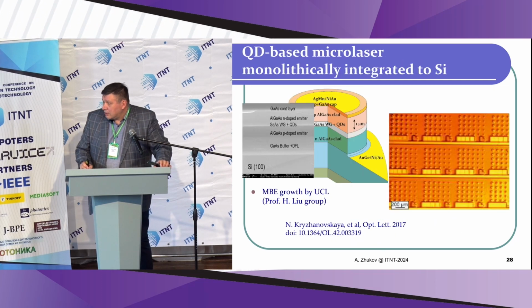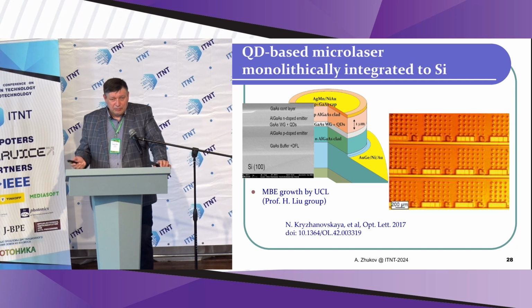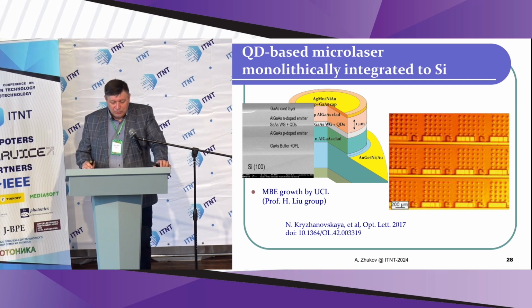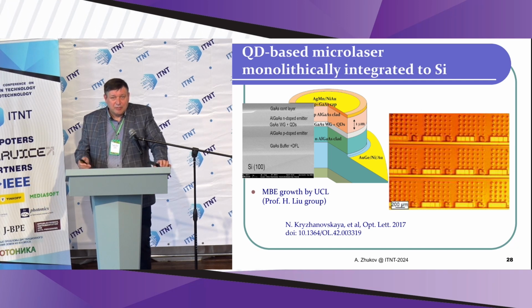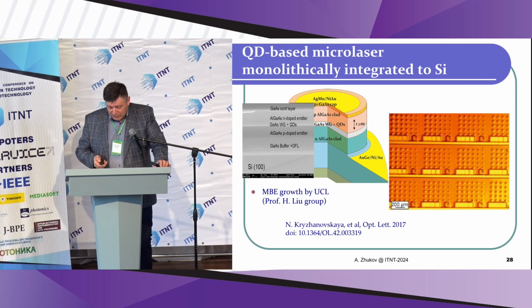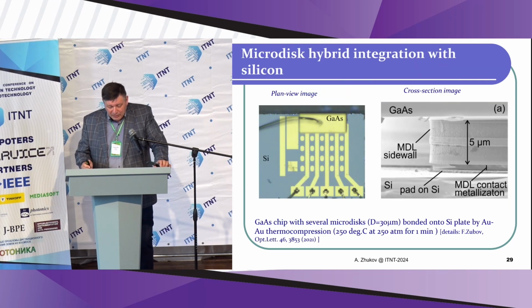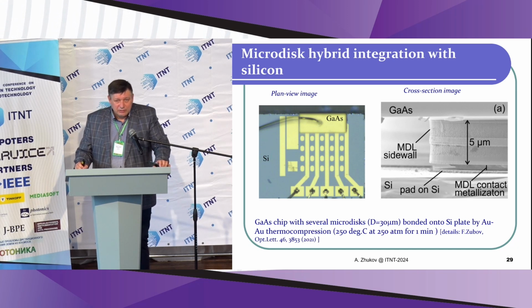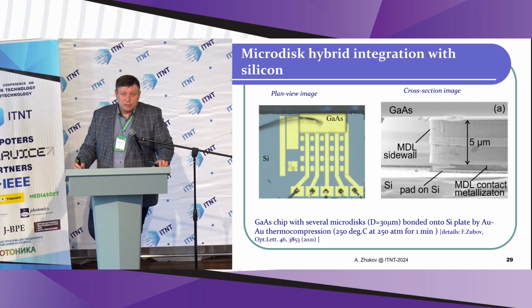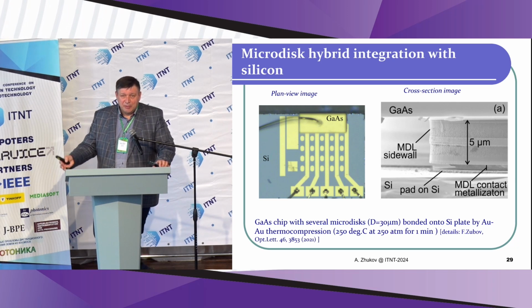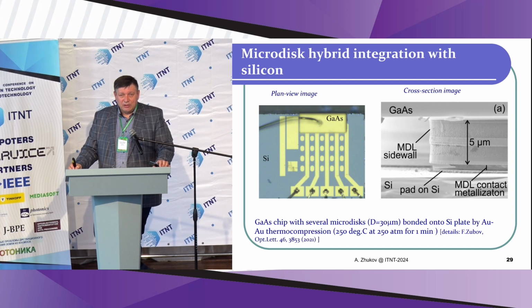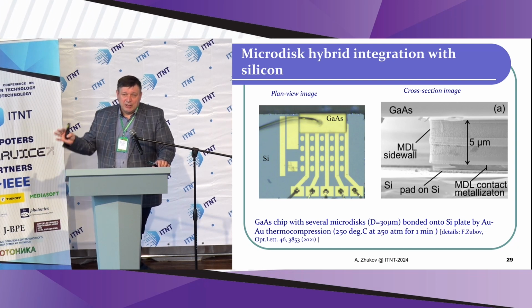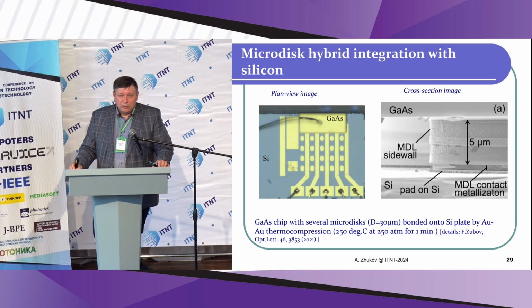Well, this is another example where an array of quantum dot micro disc lasers is fabricated on a silicon substrate. In addition to fabrication of monolithically integrated lasers on silicon, we can just transfer a pre-fabricated micro disc or array of micro disc lasers grown on a native gallium arsenide substrate and then transfer this array onto silicon.